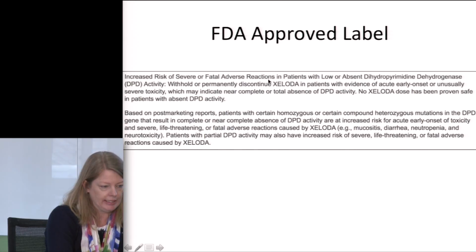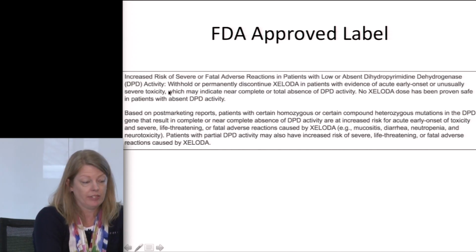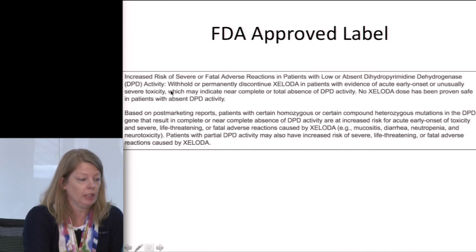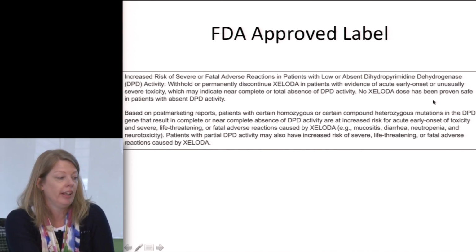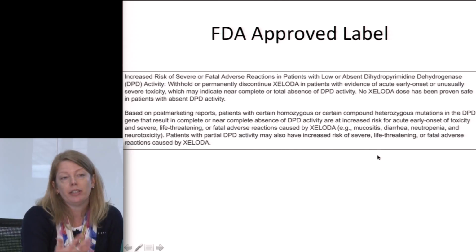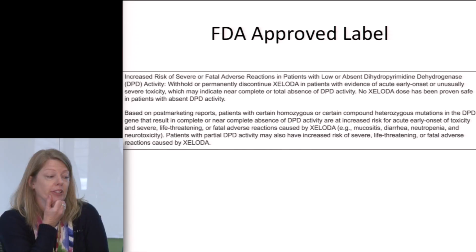So on the label, it states people with lower or absent DPD activity, which is the enzyme encoded by DPYD, there's been evidence of acute early onset or unusually severe toxicity. And they even go further to say that there's no dose that has been proven safe in these people. However, they do stop short of saying that you should test for it before you give the particular drug.